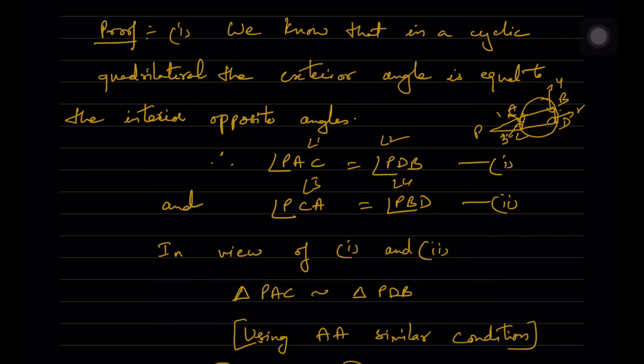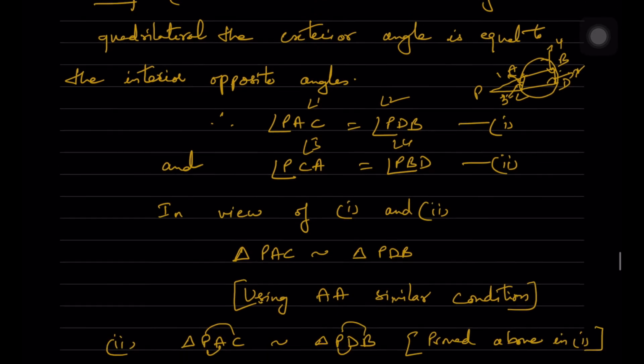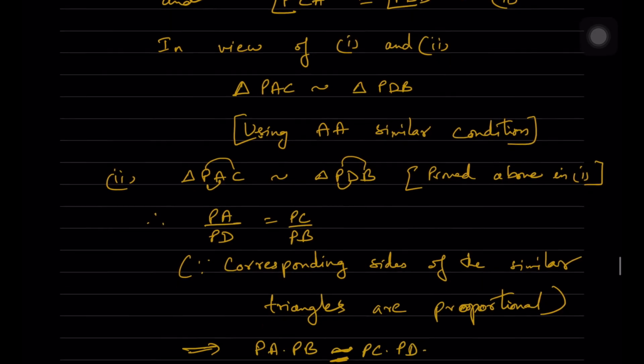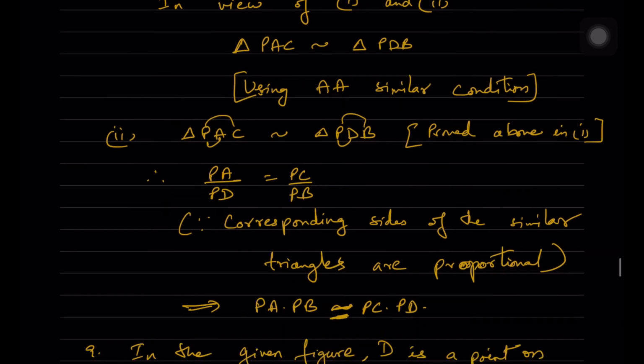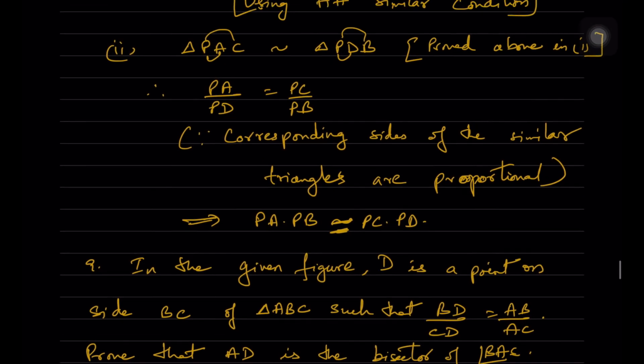From the figure you can see where is 2, and angle 3 is equal to angle 4. So now in view of this first and second, because two angles are equal, therefore we can tell that triangle PAC is similar to triangle PDB, using the AA similarity condition. This first part we have proved, that is PAC is similar to PDB, both triangles are similar.